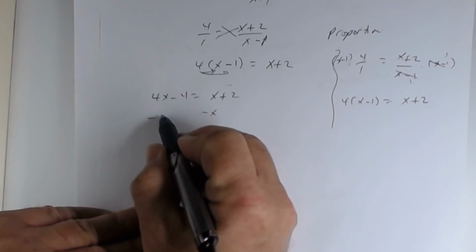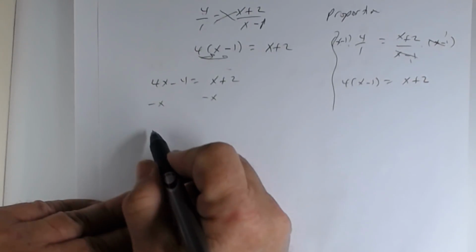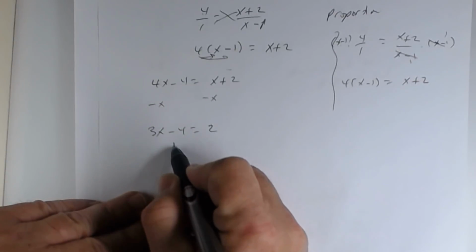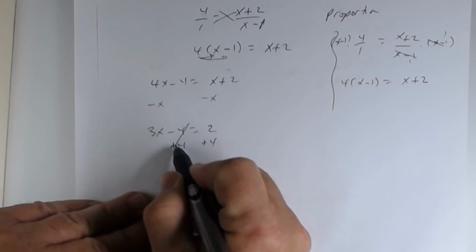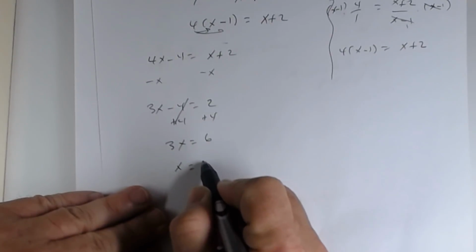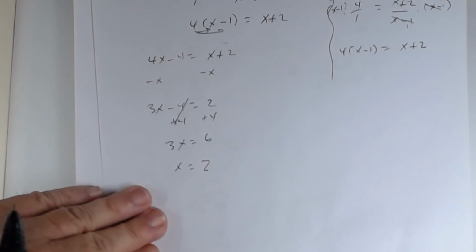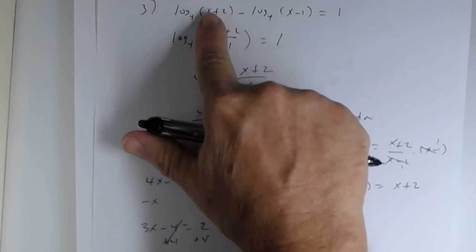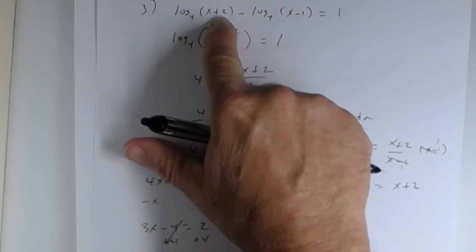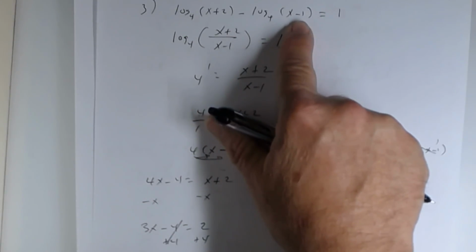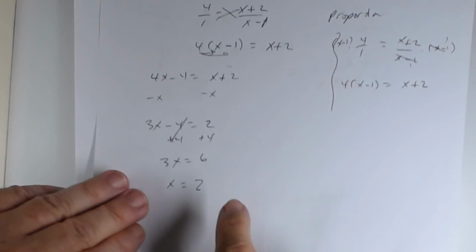So subtract x from both sides. What's 4x minus x? 3x minus 4 equals 2. What's the next step? Add 4. So 3x equals what? 6. So what does x equal? 2. Now remember, this is a log equation. You have to check. You have to check. All you do is go back to the argument. What's 2 plus 2? So we're good. It's positive. What's 2 minus 1? We're good. It's positive. Okay? So that's your solution.